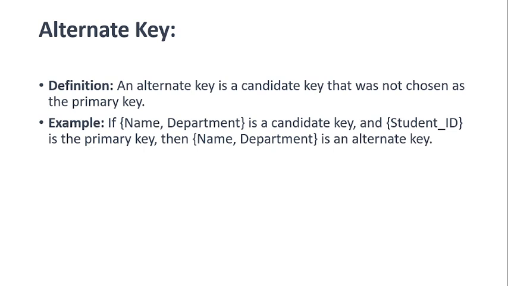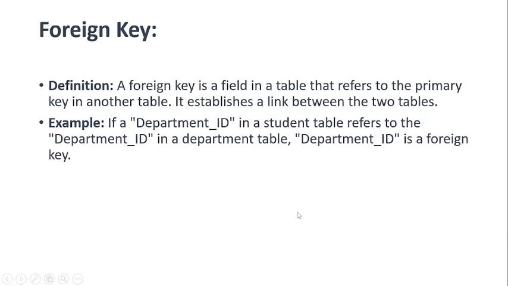When I am considering student ID as a primary key and name and department comes under the candidate key, which is also an alternate key which is used for determining the record inside the table, right? So that is known as what? Alternate key. I will be explaining you with the help of a table where you can understand that, right?